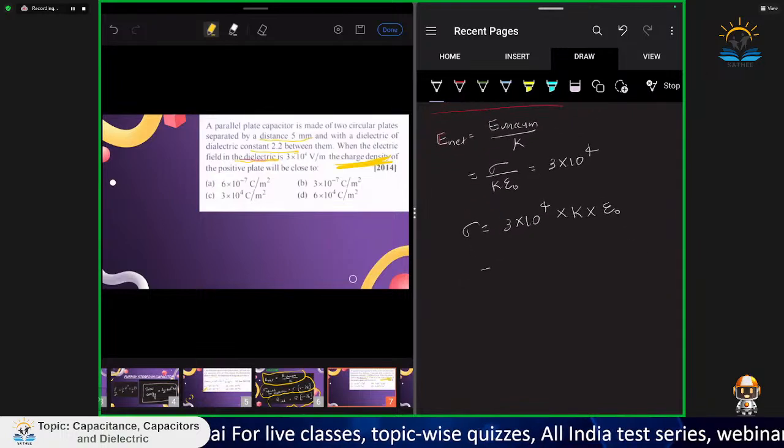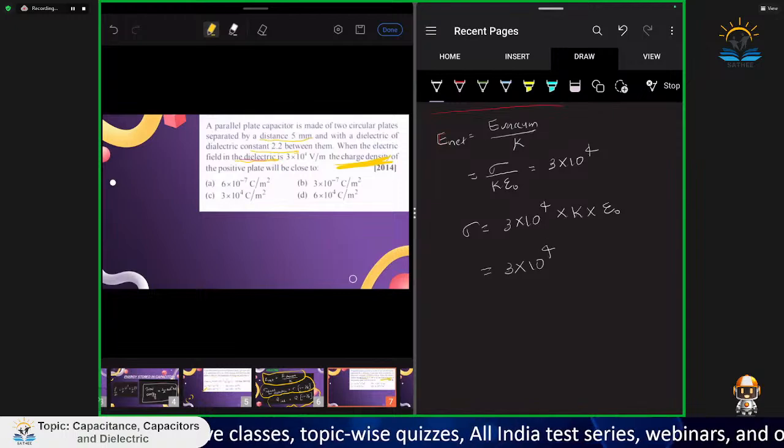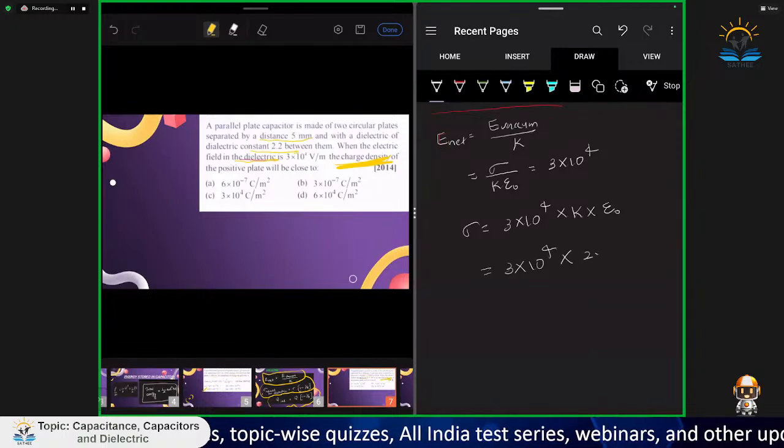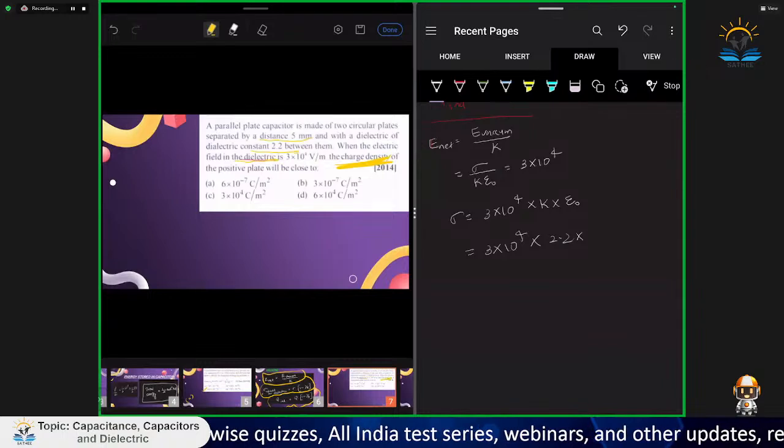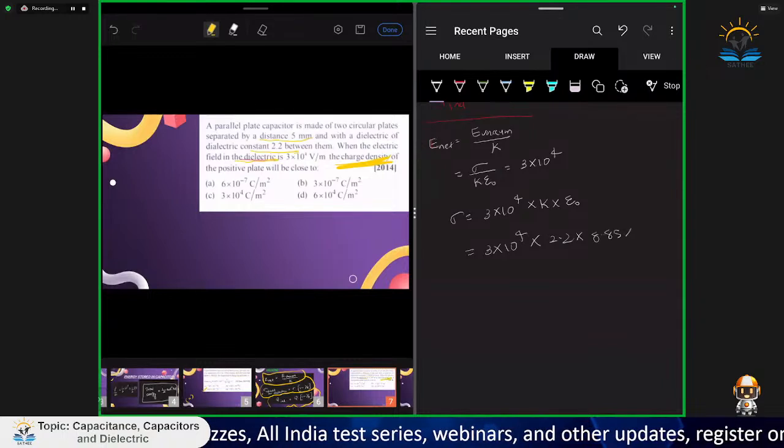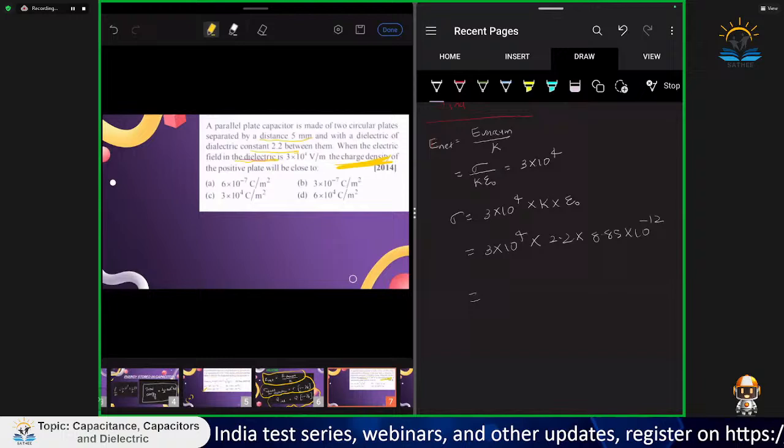What is K? K is given in the question, that is K is equal to 2.2. And epsilon we know, 8.85 into 10 raised to minus 12.